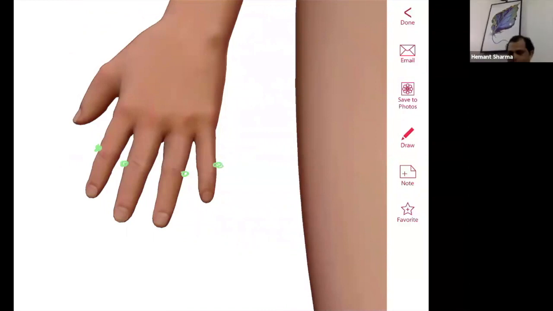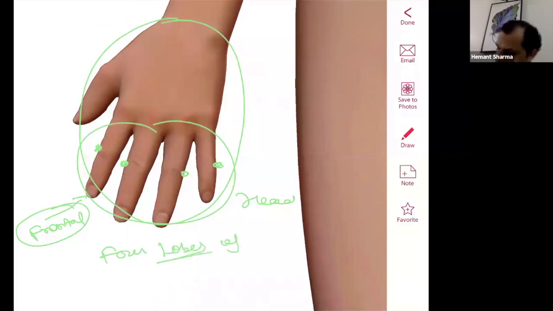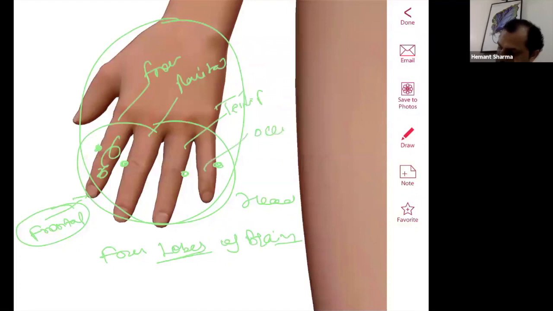The question comes, why can this treat the frontal headache? As I told you, as per the imagination, this part belongs to the head region and the fingers represent the 4 lobes of the brain. So as per the 4 lobes, this is the frontal lobe, this is the parietal lobe, this is the temporal, and this one is occipital.